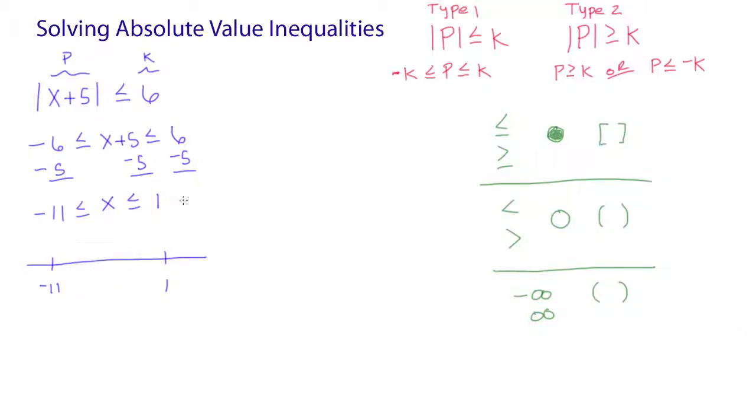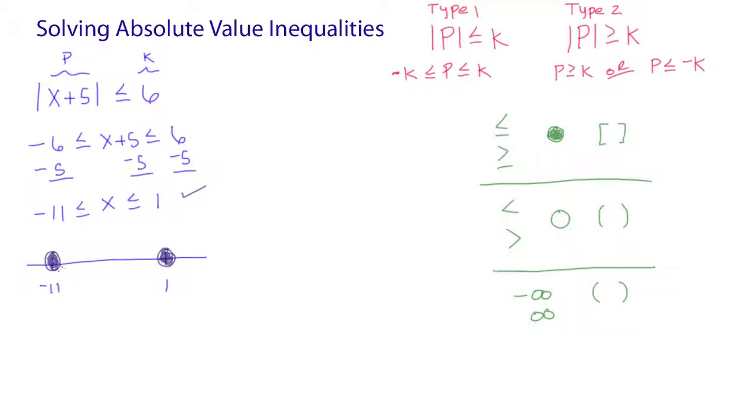Now, this is the answer, of course, but we want to graph it on a number line. So here we have negative 11, and we got 1. These are less than or equal to. So if we look over here at our key, it's a closed circle, meaning that negative 11 is included, and so is 1.